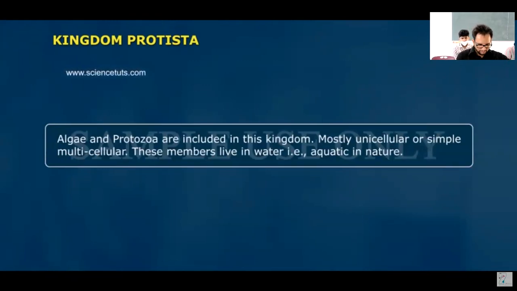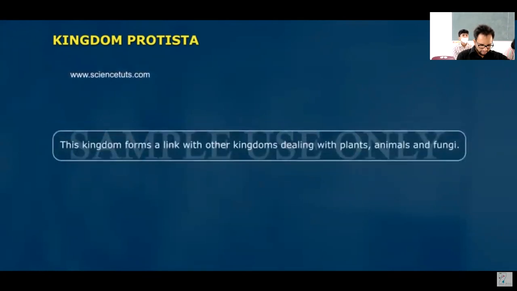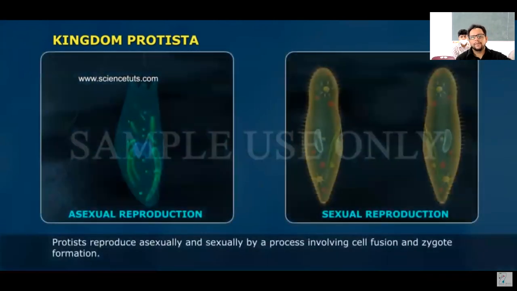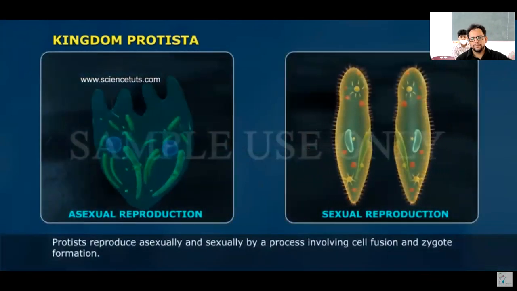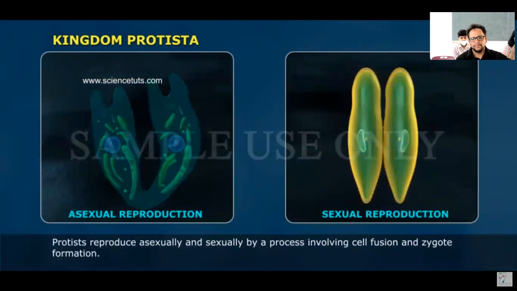These members live in water, that is, aquatic in nature. This kingdom forms a link with other kingdoms dealing with plants, animals, and fungi. Protists reproduce asexually and sexually by a process involving cell fusion and zygote formation.